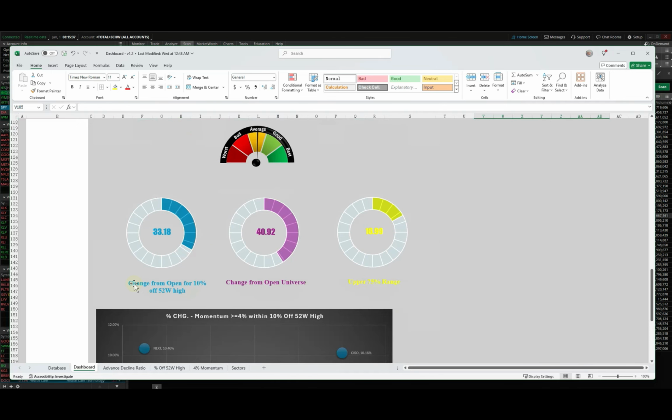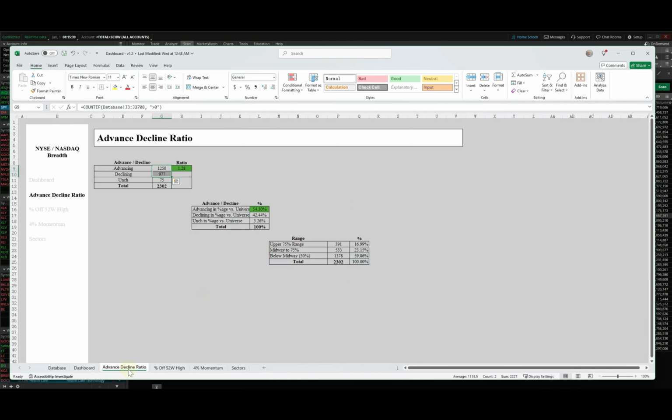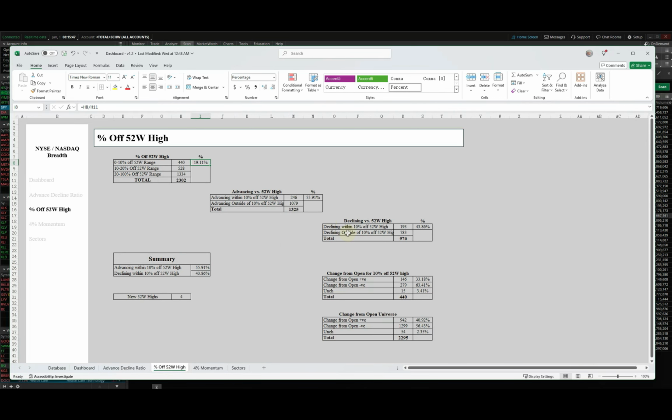And then percent change from open, this is the same data I talked about before. It is here, I think. Yeah, here. So for example, stocks open here and then advance, or open here and decline.